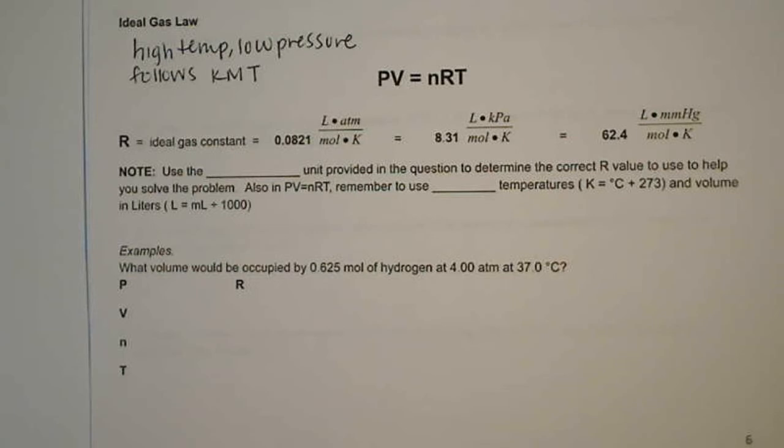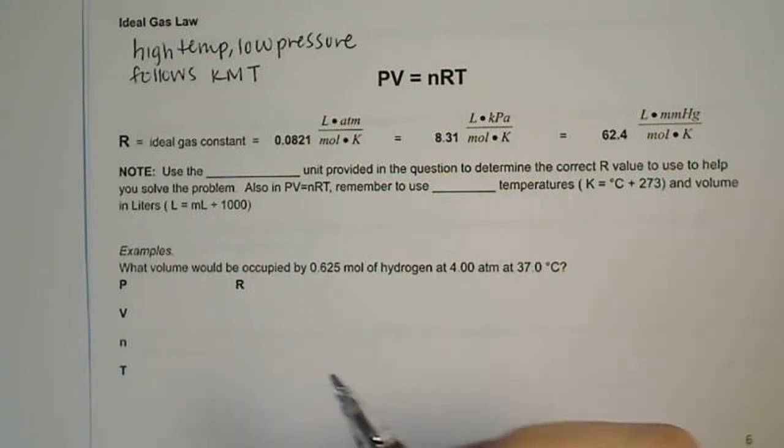So the equation is what you see here, PV equals nRT, where P is pressure, V is volume, N is the number of moles, R is a constant, and I'm going to explain it in a second. And T is temperature.